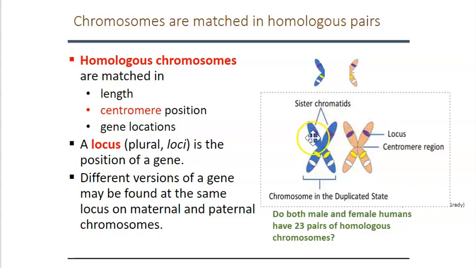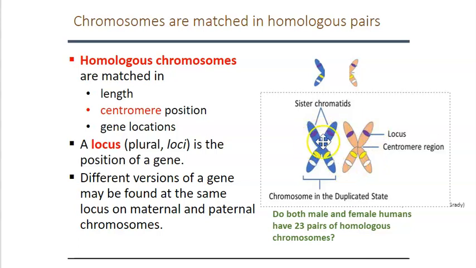In other words, the sperm provided a number 1 and the egg provided a number 1 chromosome. So in that zygote that was formed, you got a number 1 chromosome from dad and a number 1 chromosome from mom. Now, these chromosome pairs are referred to as homologous chromosomes, and they have the same types of genes on them.